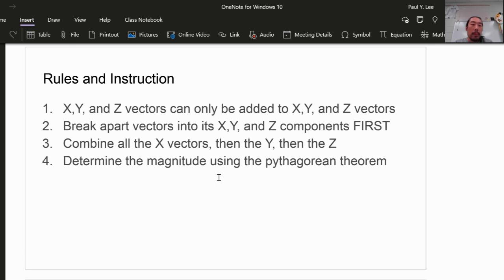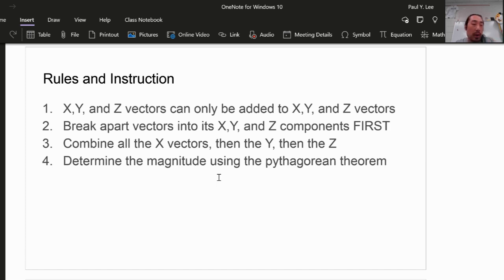All right, now you're going to combine all of the x's together, all of the y's, and all of the z's. Now, depending on the problem, you might have a lot of vectors to add, or maybe just one or two vectors to add, but it really depends on the situation. After that, you are going to be left with a sum total of the x vectors, a sum total of the y vectors, and a sum total of the z vectors.